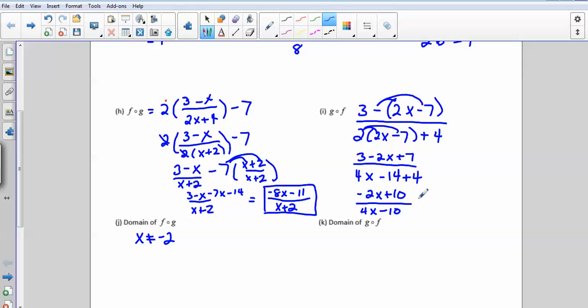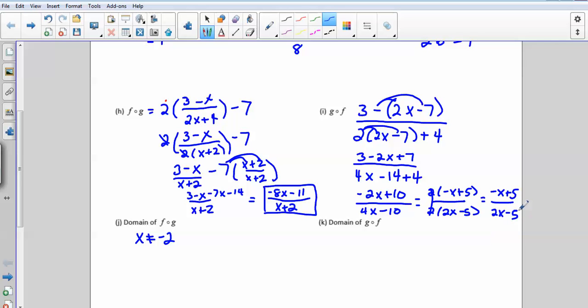So you want to factor that common factor of 2 out so that it can cancel. So I have 2 times negative x plus 5 and 2 times 2x minus 5. And these two cancel, and my final answer is negative x plus 5 over 2x minus 5.